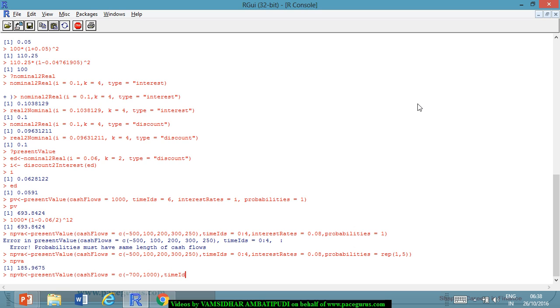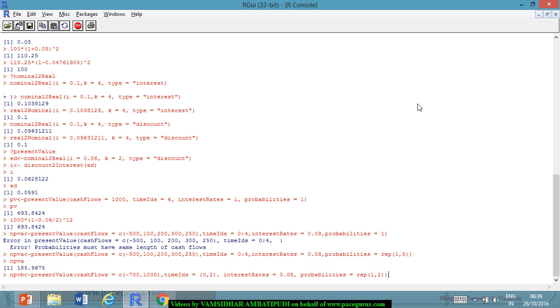Coming to time IDs, I have only two times, one is time period 0, the other is 2. So that's the reason I am not giving it as a sequence. The interest rates are common across the whole period. The interest rate is 8%, so I am setting it as 0.08. And probabilities, again I can set it as the number 1 repeated 2 times.